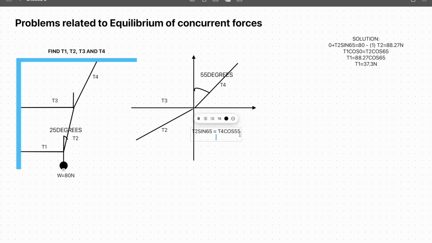We know the value of T2, so 88.27 multiplied by sine 65 equals T4 cosine of 55. From there we can derive T4. What will be T4? 88.27 multiplied by sine 65 divided by cosine of 55 is 139.48 Newton.